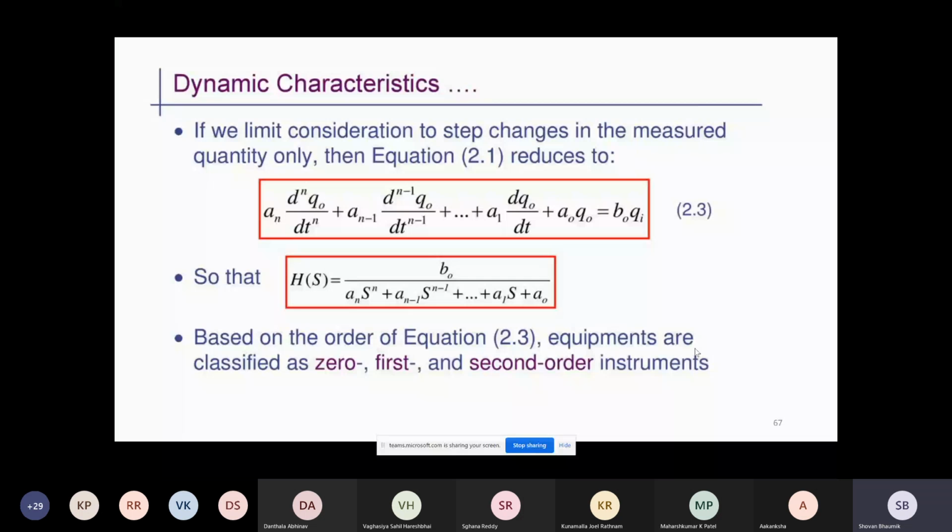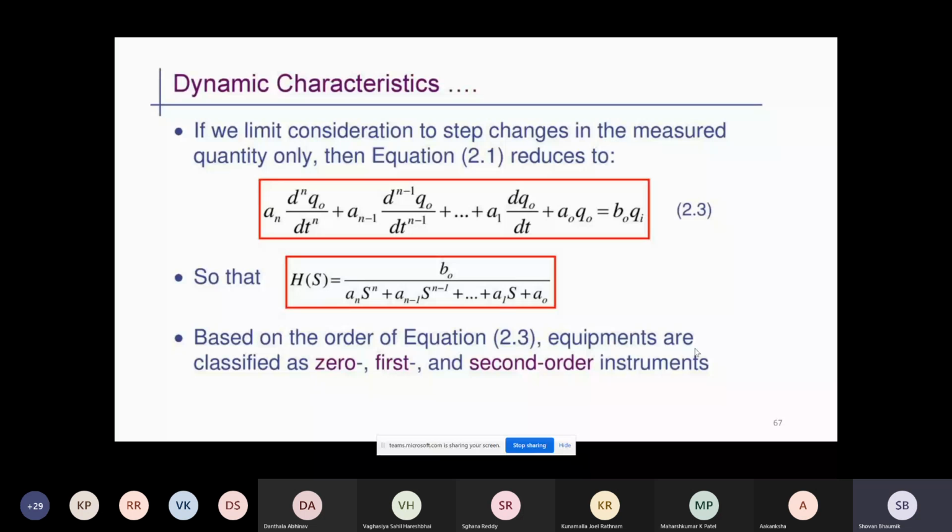Now the poles are of extreme importance. Based on the number of poles, that means based on the value of n, we can classify our measurement system by order: zero order, first order, second order, third order, like that.